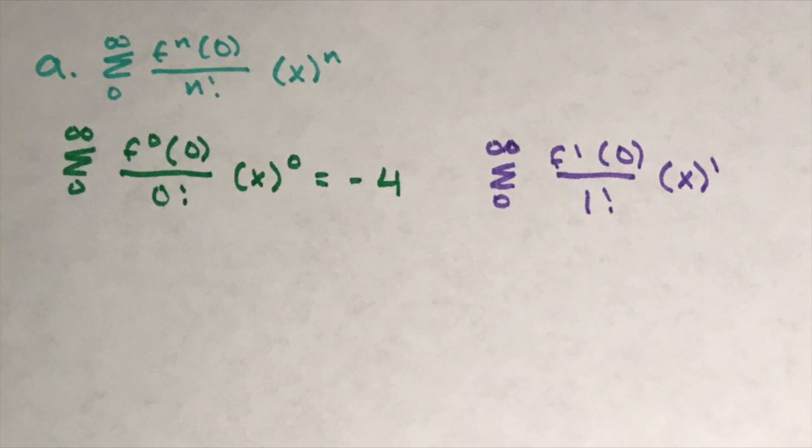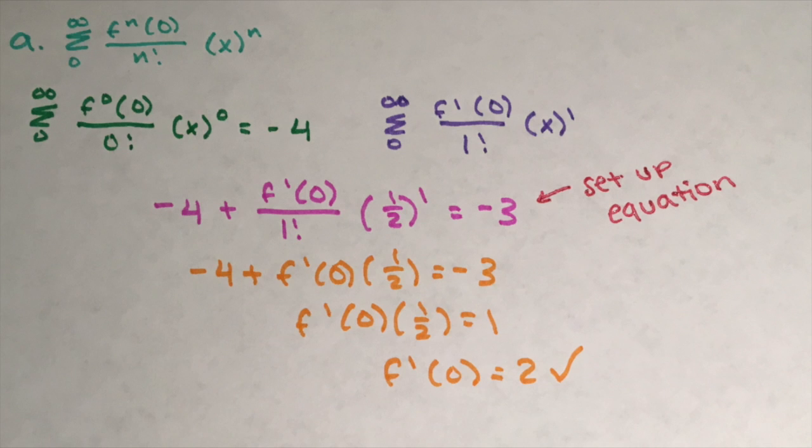To find the second term, you set n equal to 1 and plug it into the Taylor polynomial formula. Because they want us to prove that f prime of 0 equals 2, we need to set up an equation. So we know what our first degree Taylor polynomial is. It's the first term, which is negative 4, plus the second term, which is the summation written in purple. So we know that this first degree Taylor polynomial at x equals 1/2 is going to equal negative 3.